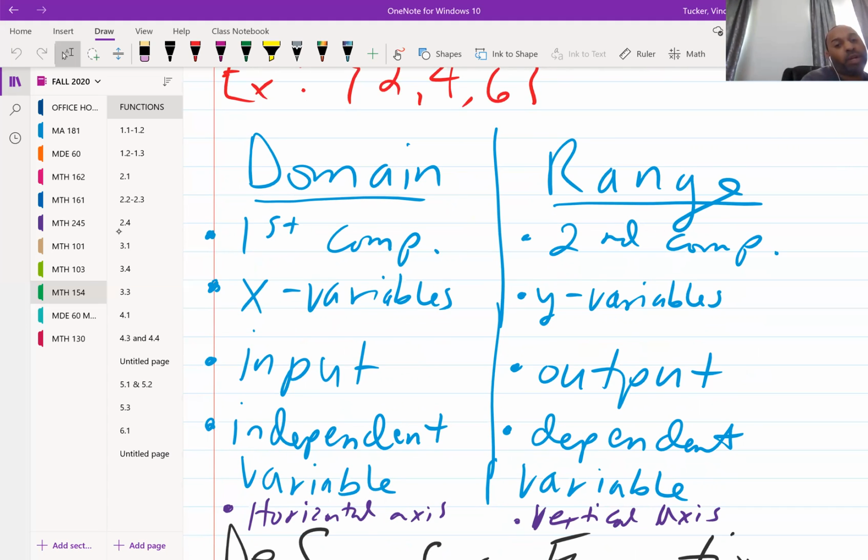That means your domain will be your x variables, while your range will be your y variables. Domain is your input, range is your output. Domain is also considered your independent variable, where your range will be your dependent variable. Then your domain will be graphed on your horizontal axis, while your range will be your vertical axis.